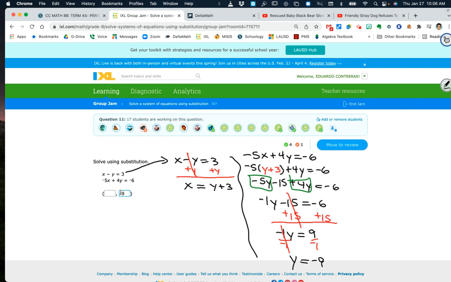Luckily for us, we have this equation. We don't use that one. Once you figure out one of the variables, look over, okay, does anything say x equals? We have one that says x equals. We'll go to that one. X equals y plus 3. And then we're going to replace y with negative 9.